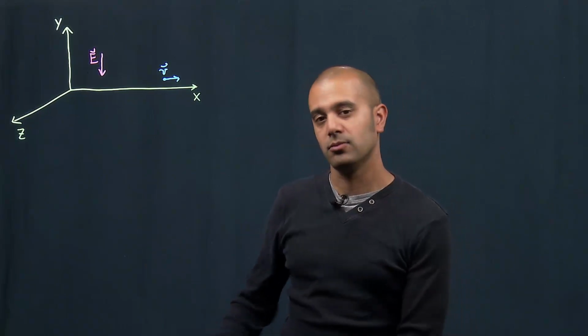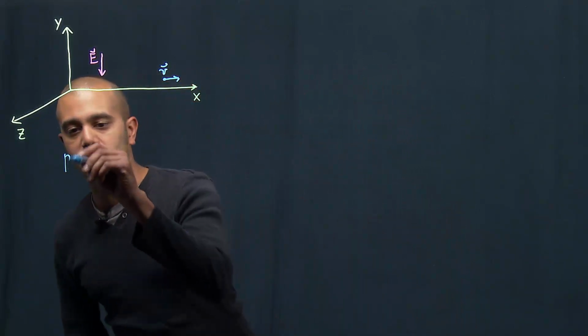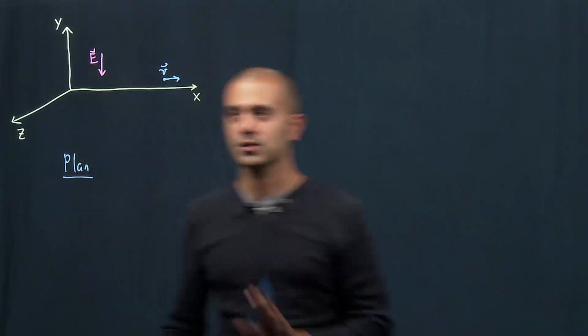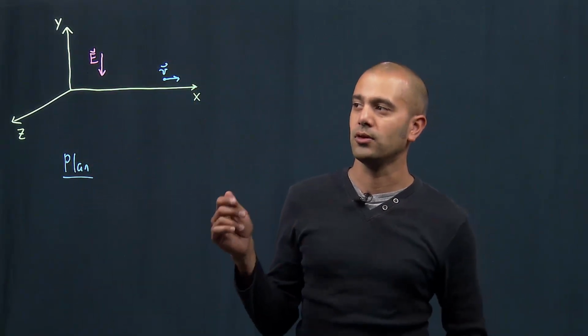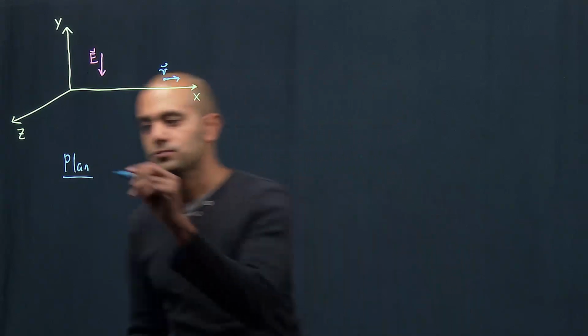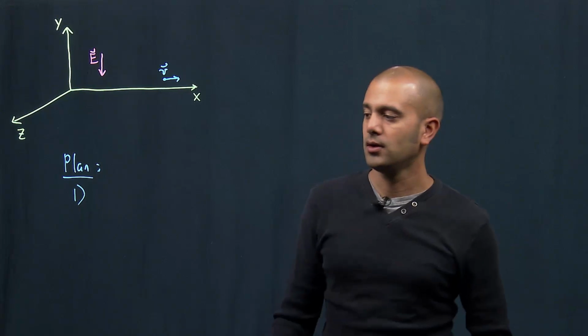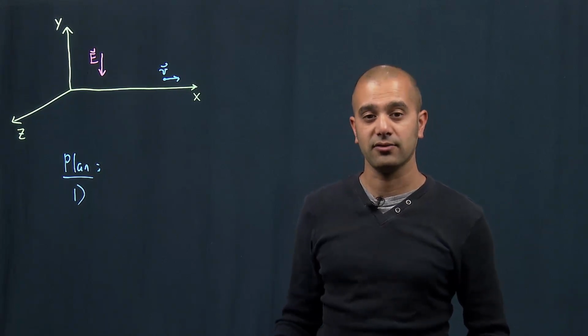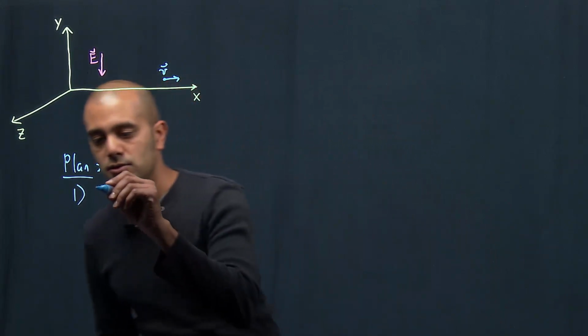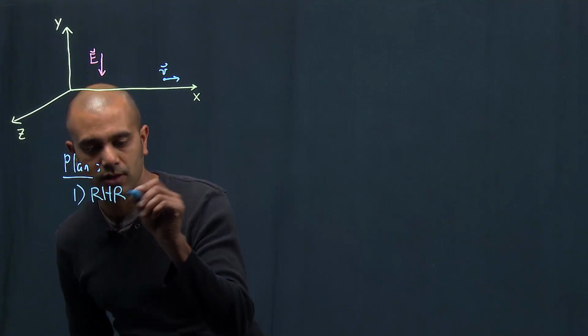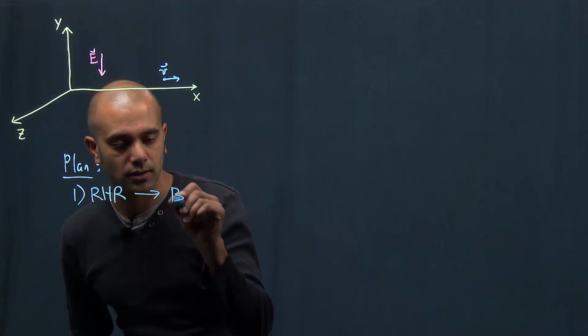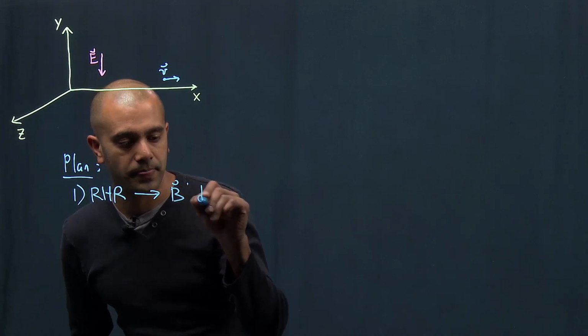So the plan for the problem will be the following. What we're going to do first is get an intuition by looking for the field direction. And as always in these types of problems, when you want to find the field or the force direction involving magnetic fields, you have to use a right-hand rule. So we're going to use a right-hand rule, kind of work backwards to find the field direction.